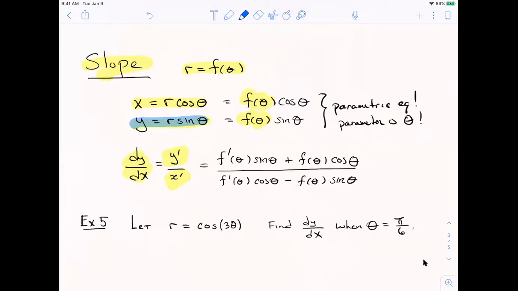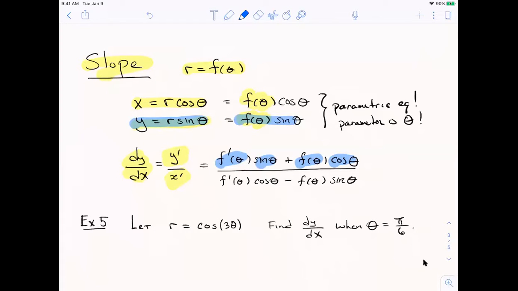And how do we compute y prime? Well, I should be looking here. f of theta times sine theta. And it's a product. You have to compute y prime with the product rule. So I'm taking the product of the first factor, f prime, times sine untouched. Then f untouched, derivative of sine is cosine. All right, so that's my y prime. You check the bottom.